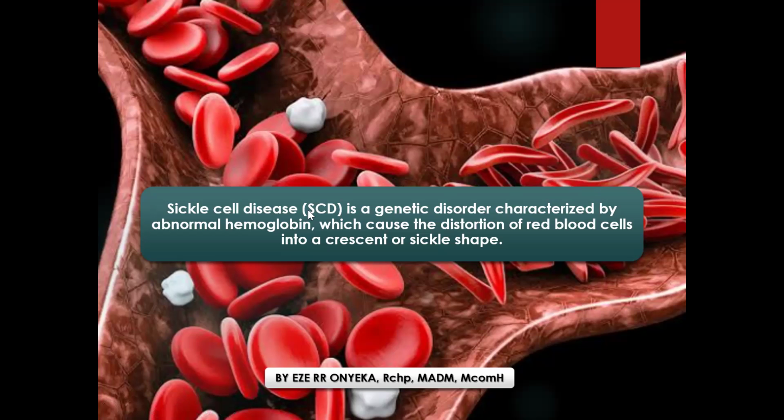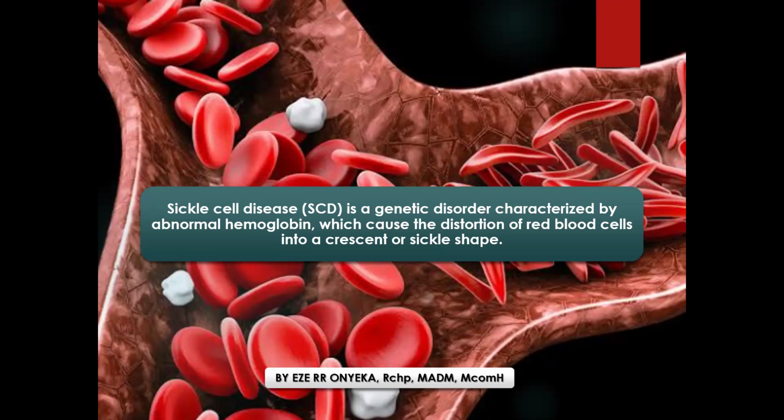And also, if there's an infection, and blood rushes to that place, and these sickled cells are there, they will block the normal blood flow to this place, and the inflammatory responses will amplify, and more cells will cluster, leading to crisis.